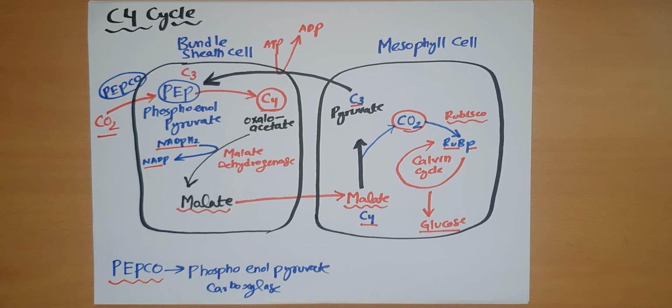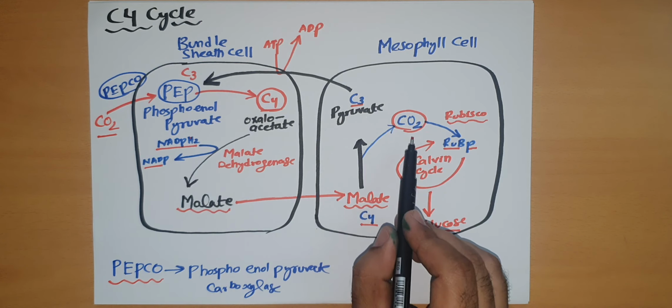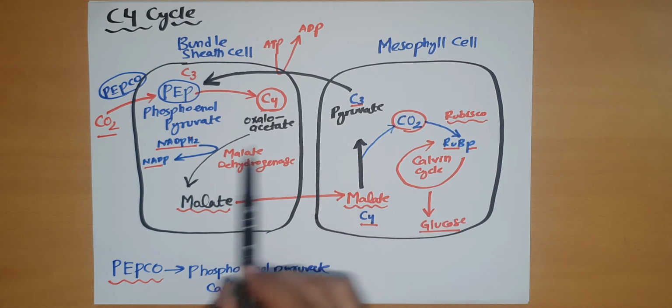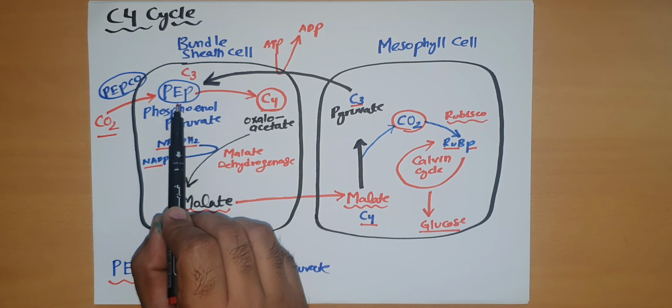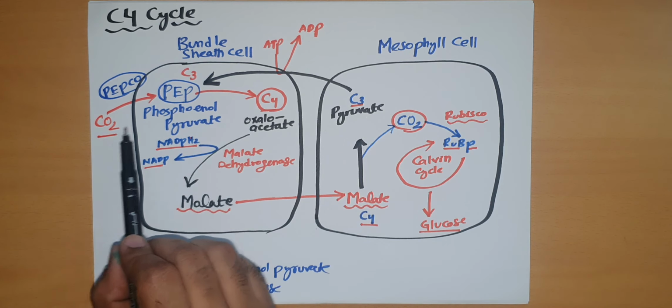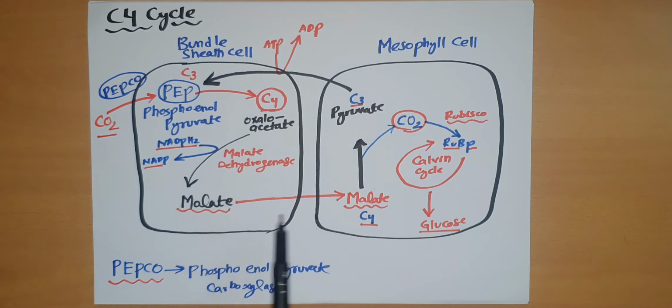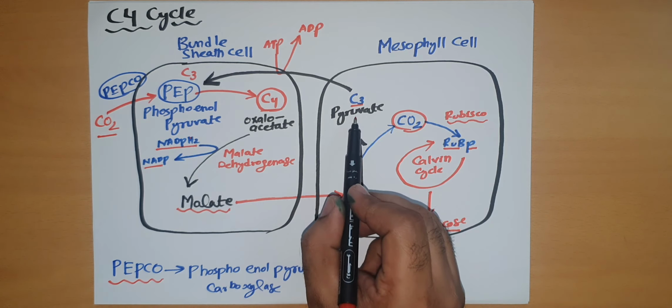So to increase the concentration of carbon dioxide in the mesophyll cells, first of all phosphoenol pyruvate joins with the carbon dioxide to form oxaloacetate and then malate, and then the concentration of malate increases in the mesophyll cell, and when it reaches a higher concentration, malate breaks down into pyruvate.